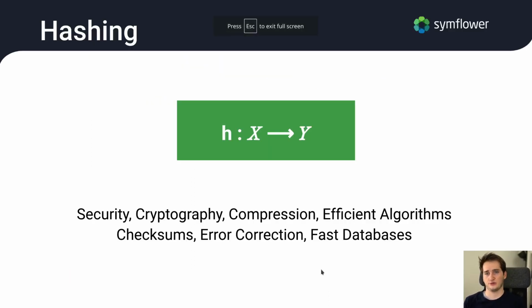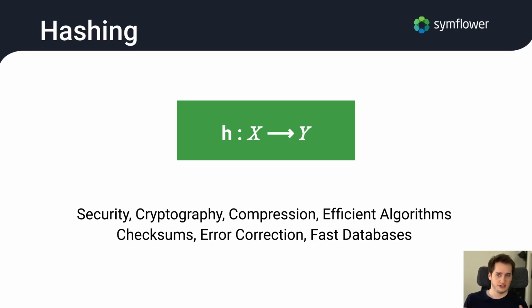So what we will look at in the workshop is a hash function. A hash function is some function that takes an input and transforms it into an output, just like any mathematical function from one domain to another. And there are different requirements to a hash function depending on the context.